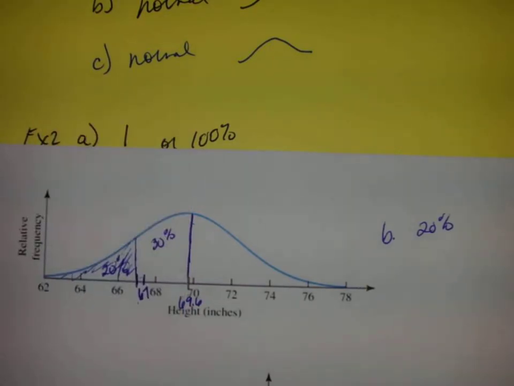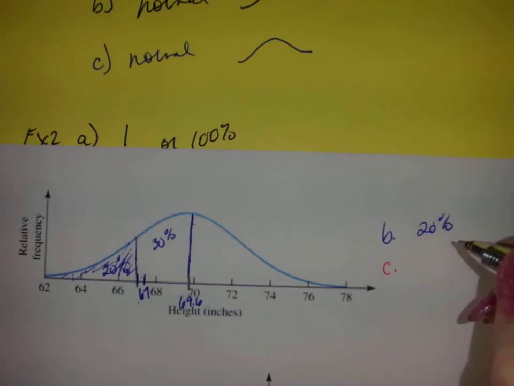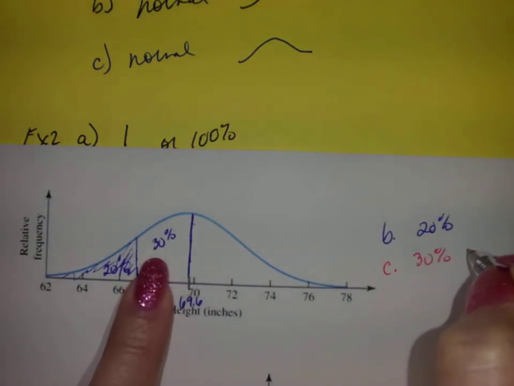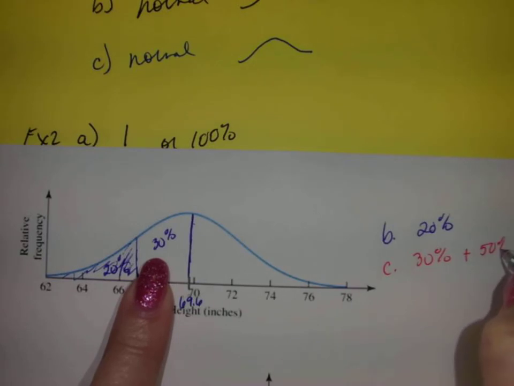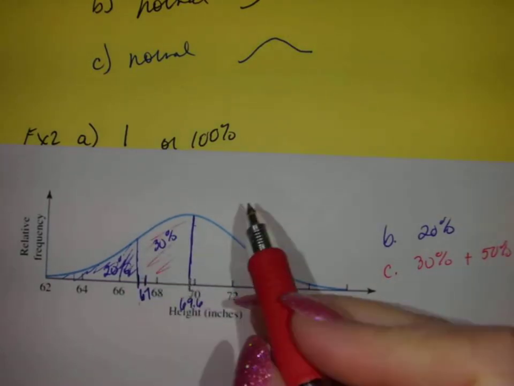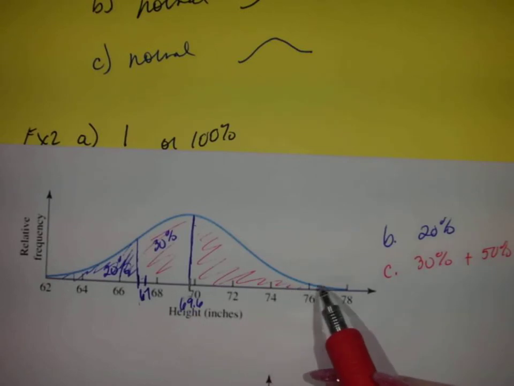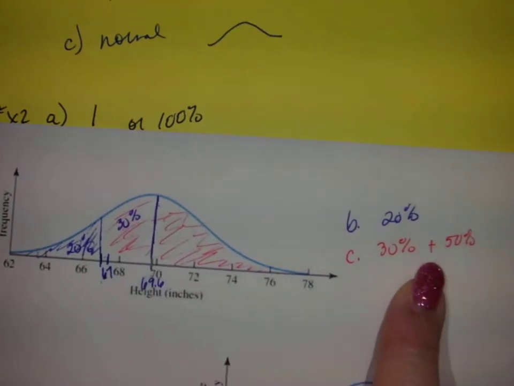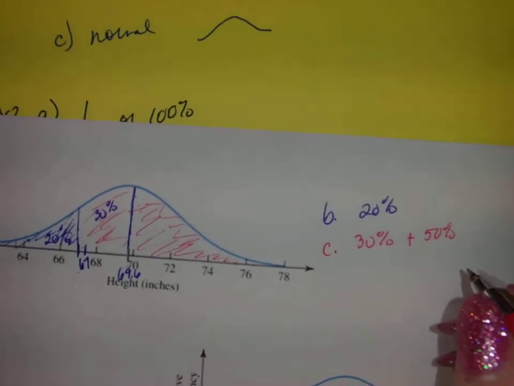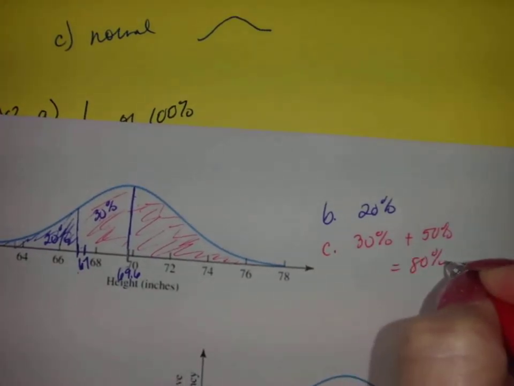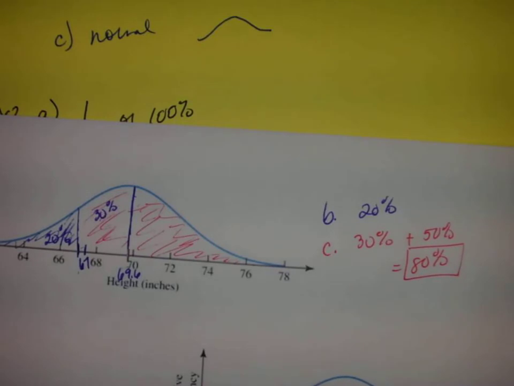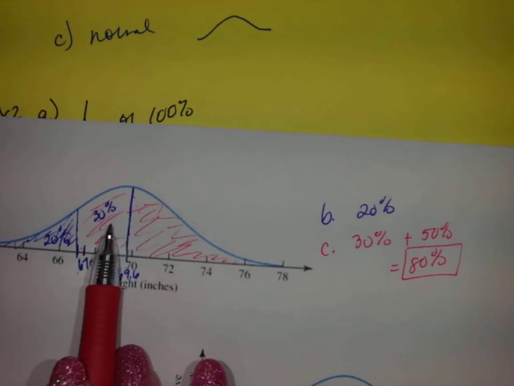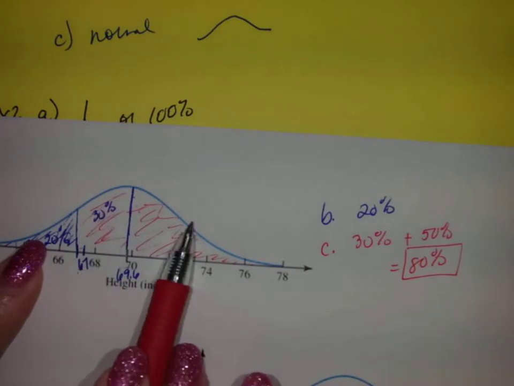So what I can say then is for part C, it's going to be 30% plus the 50%. So it's going to be this whole area and this whole area here. All of this area is going to add up to be a total of 80%. Okay? So again, we're estimating. Half is always going to be 50%. We've already claimed this is 20, this is 30. We just add those two together.